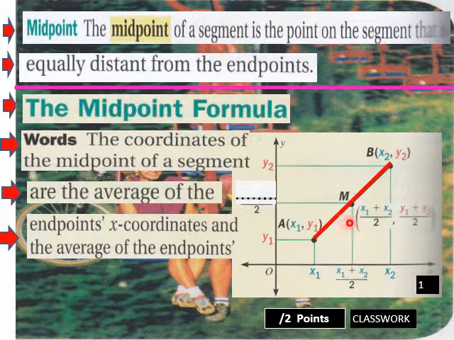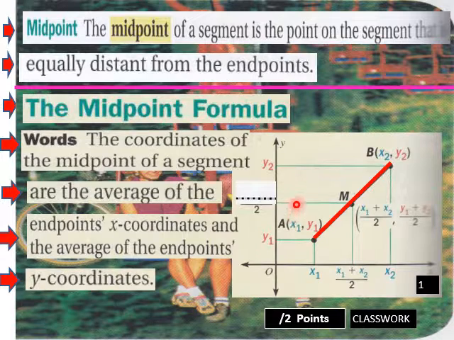So we add our x coordinates, x1 plus x2, and that would be over 2 to find the average. And then we add y1 plus y2 over 2, and that will give us our y coordinate.